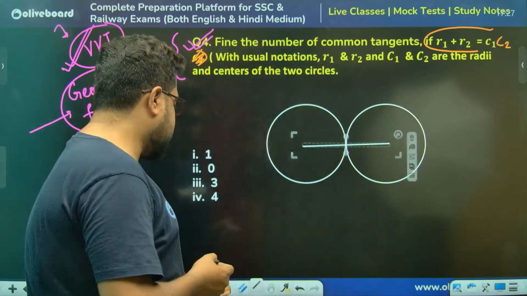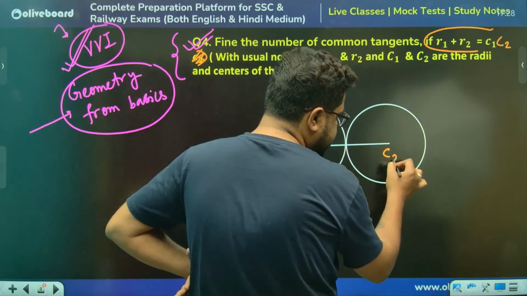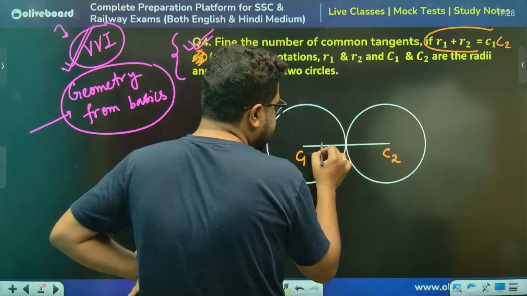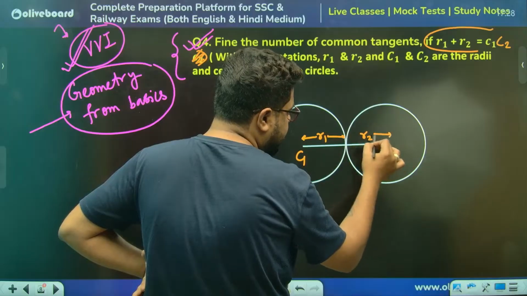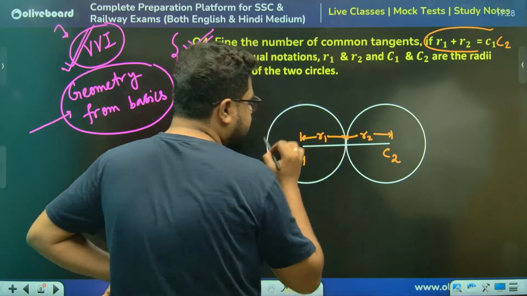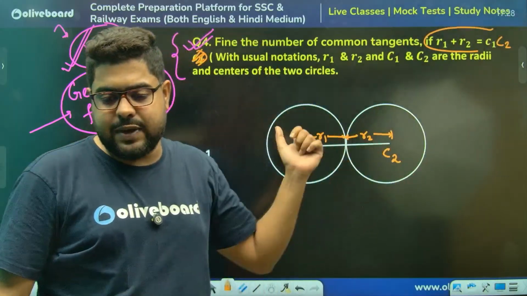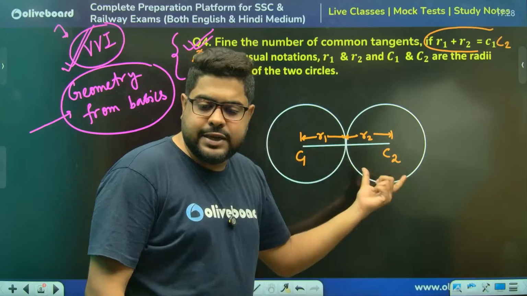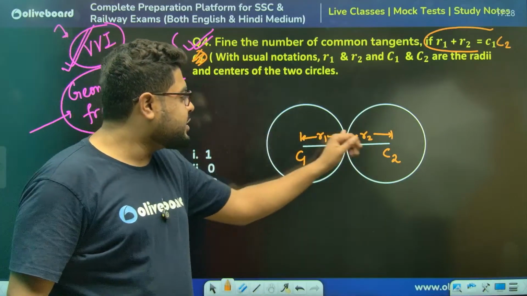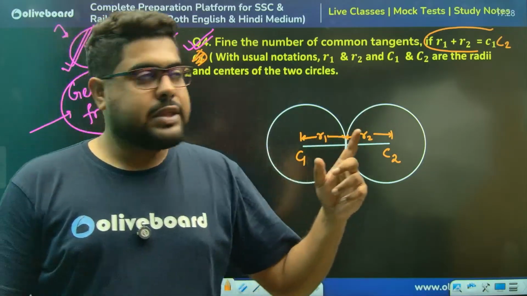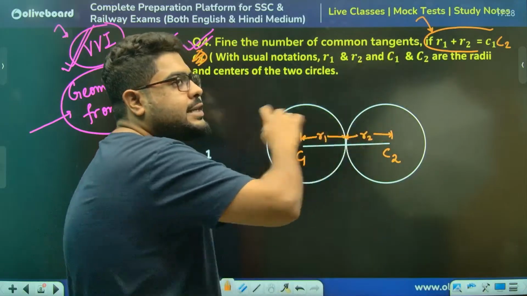C1 is center 1 and C2 is center 2. This is R1, radius 1, and this is R2, radius 2. If C1C2 is equal to R1 plus R2, meaning the distance between the centers equals the sum of the radii, that is only possible when the 2 circles are touching each other.